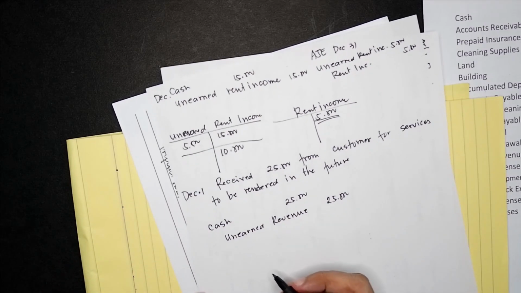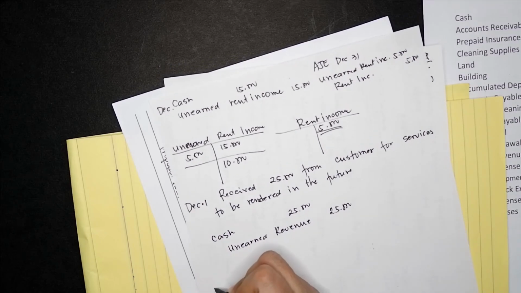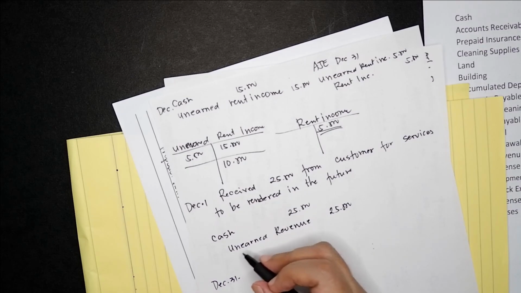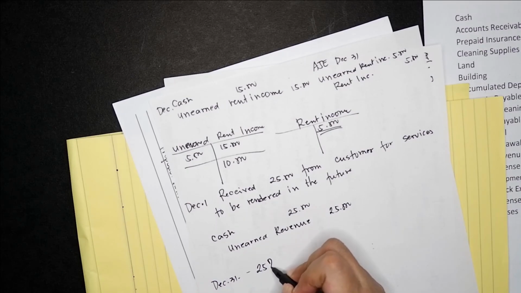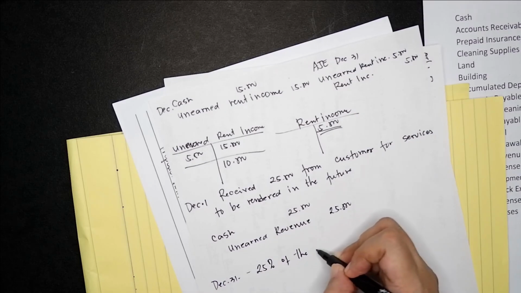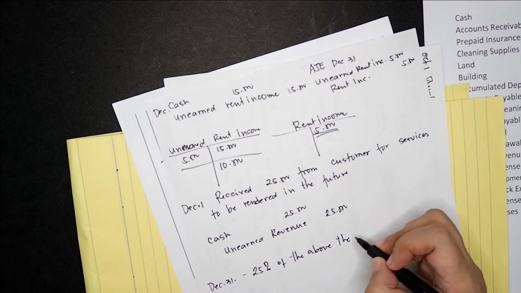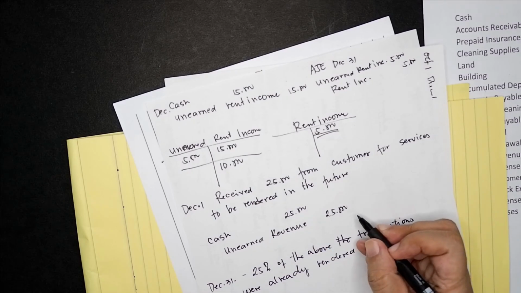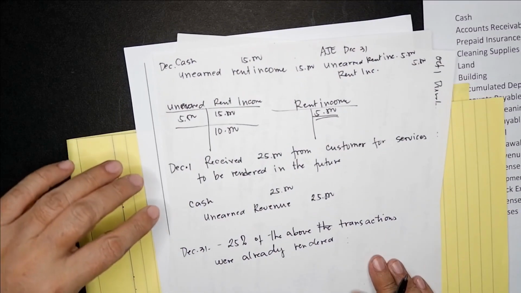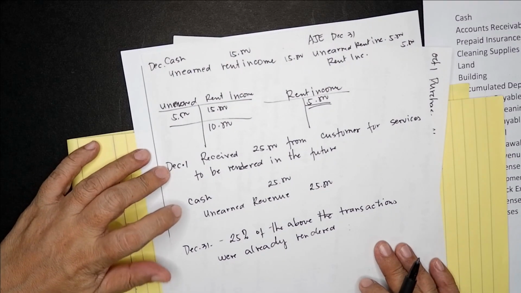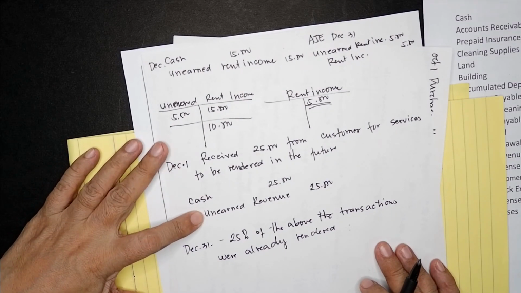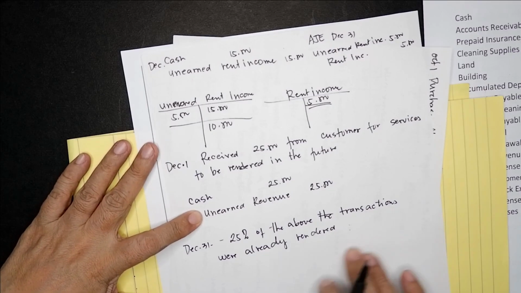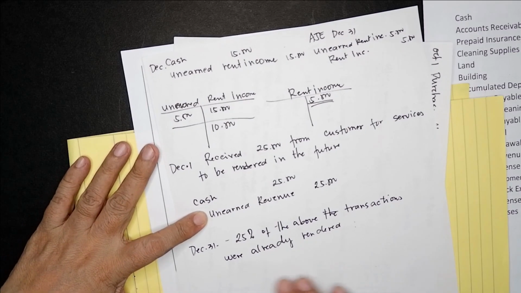And we have our additional information. December 31. We have 25% of the above transaction were already rendered. Okay. So, for our adjusting entry, since we already recognized the liability, we're going to recognize our revenue.